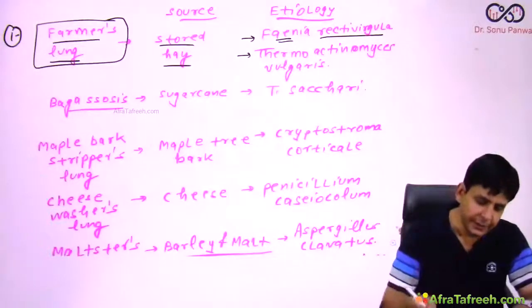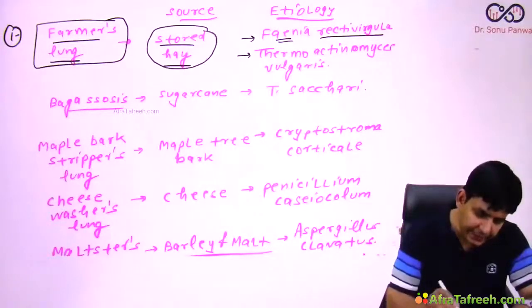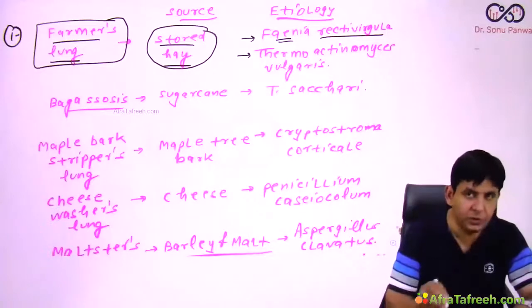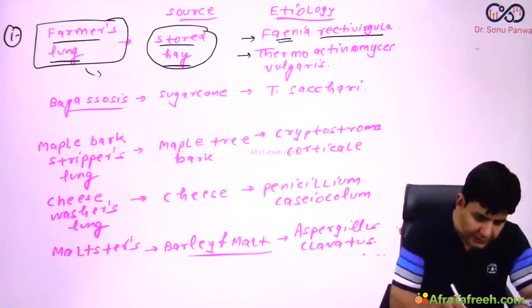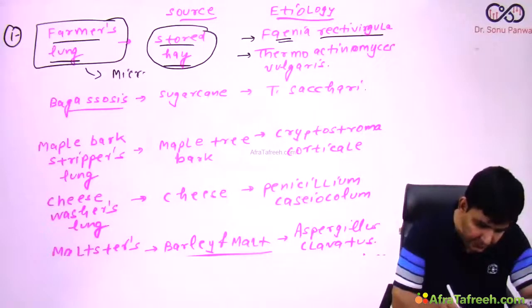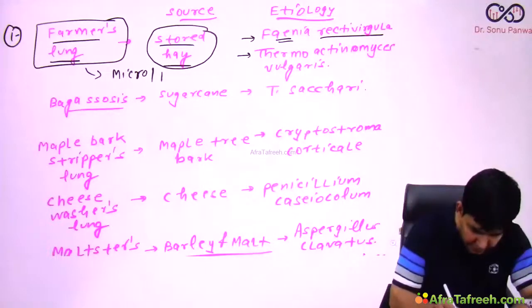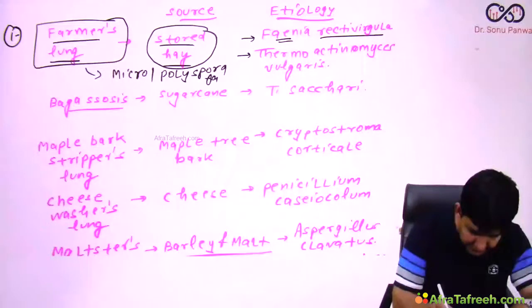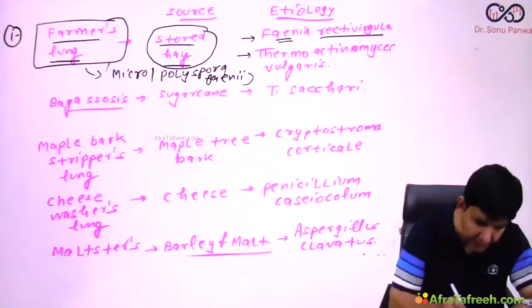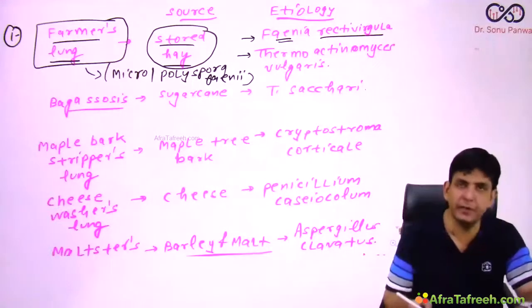Remember that. This time they have asked one more question, where these two options were not there. What was there? Micropolyspora faeni. This is also one of the causative agents of farmer's lung.